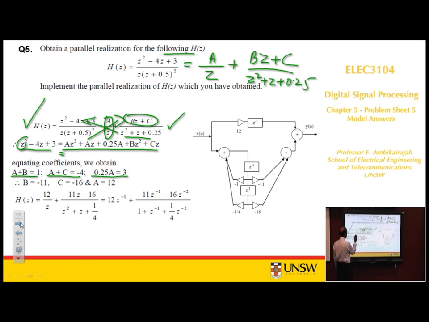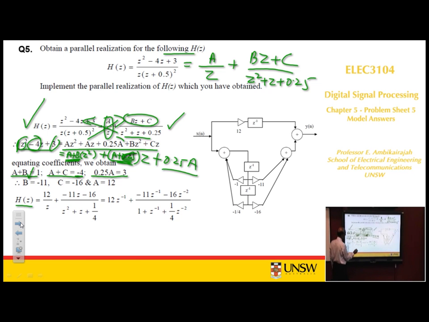So here it will come a plus b times z squared, plus a plus 0.25 z plus a plus c z, then plus 0.25 a, that's your constant. Now a plus b is equal to coefficient 1, so that's right. Then a plus c coefficient is minus 4, that is equal to that. You simplify them, you get your values.